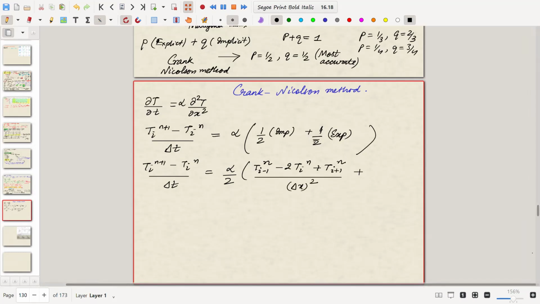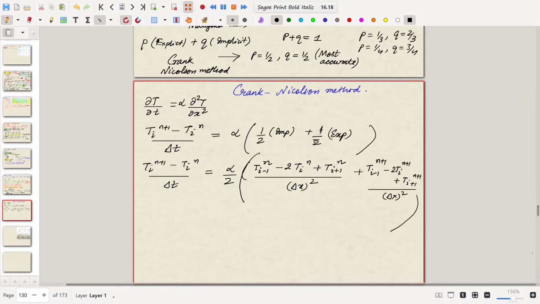Plus, what is the implicit scheme? T_(i-1)^(n+1) minus 2 T_i^(n+1) plus T_(i+1)^(n+1), divided by delta x squared.